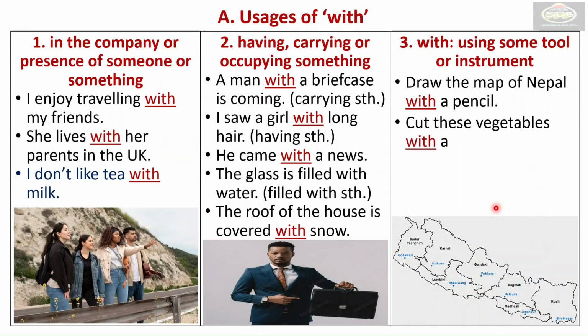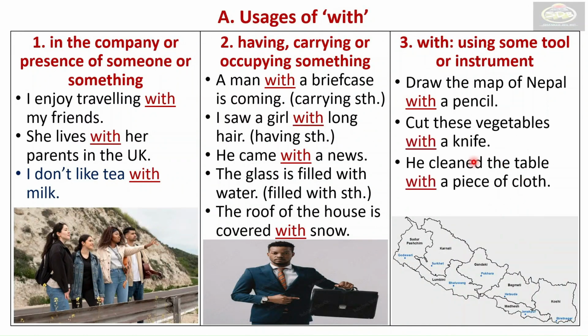More examples, cut these vegetables with a knife, using a knife. He cleaned the table with a piece of cloth, with the help of a piece of cloth. In this way, we have to make use of with in these three situations.